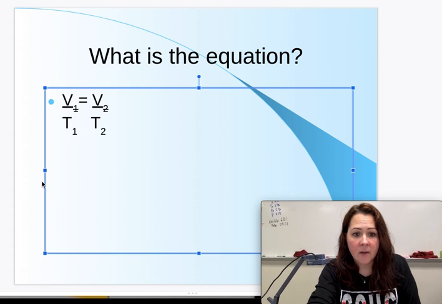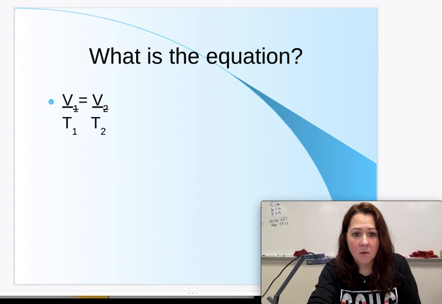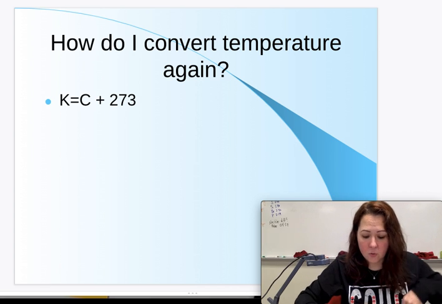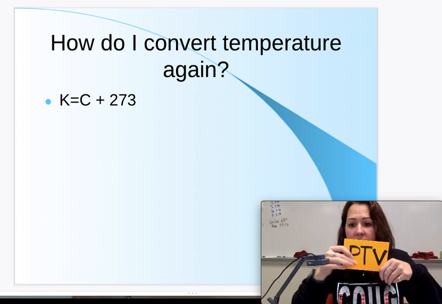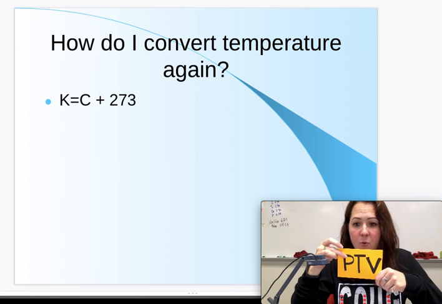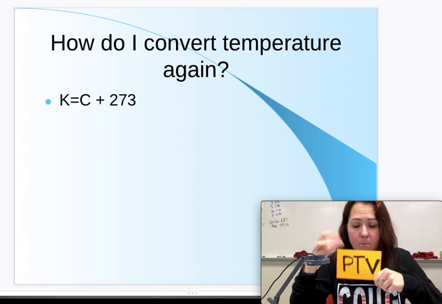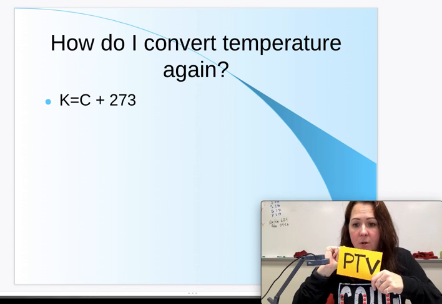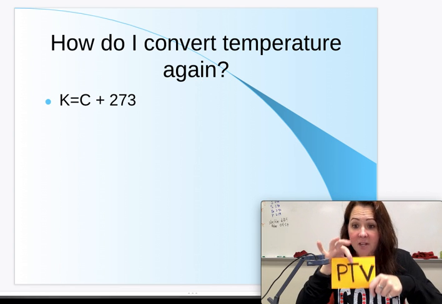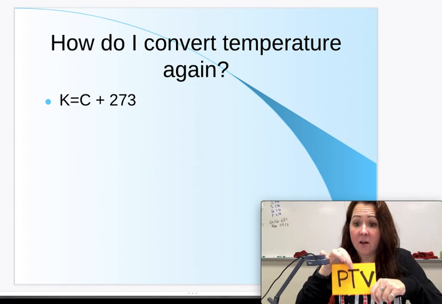When we look at these, you always have to use the correct units. We said at the beginning of this unit, anytime you have pressure, you have to use ATM. But we don't have pressure in this one, so we're going to ignore pressure. Anytime we have temperature, we have to use Kelvin.